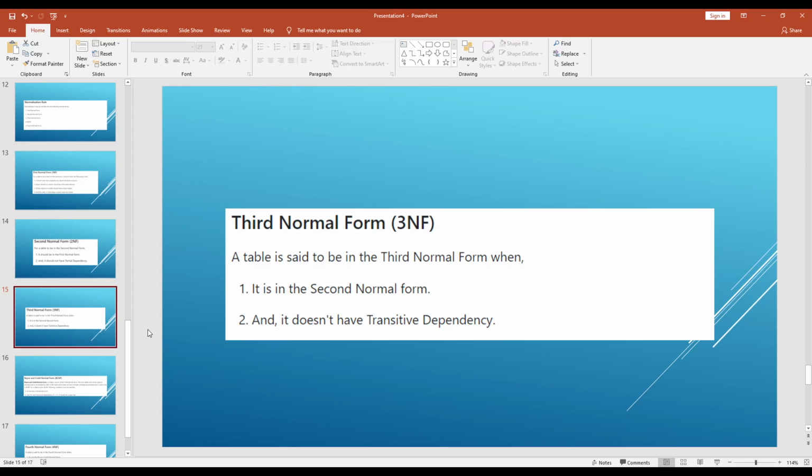Number 2, Y is a prime attribute. Each element of Y is part of some candidate key.